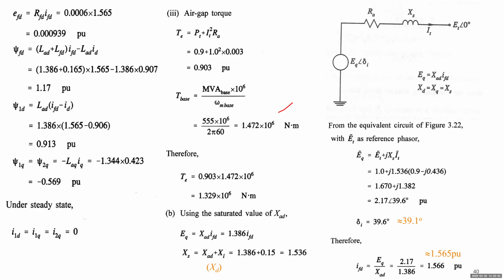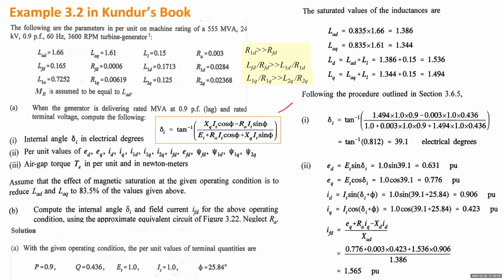Delta I has XQ and plug in LQ. You mean the accurate formula? Yes, first part. Okay, let's see. No, this is SQ.